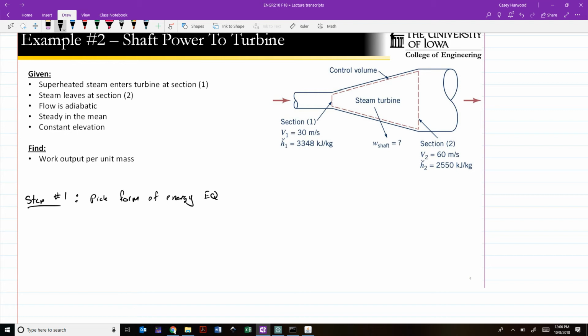So starting from the energy equation with enthalpy: Q dot in plus W dot S in is equal to m dot times V2 squared minus V1 squared over 2, plus g times Z2 minus Z1, plus H2 minus H1.